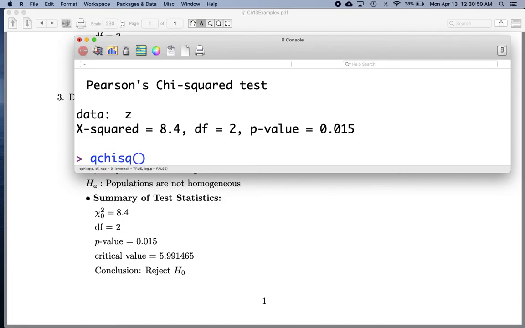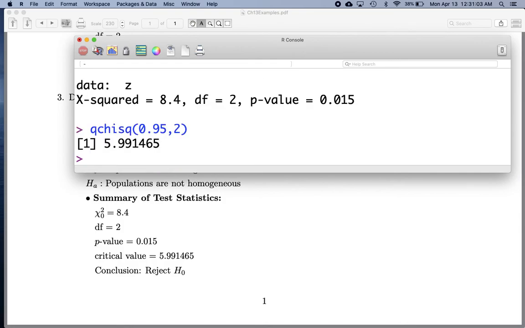Let's say we wanted to find the critical value for 95% confidence or 5% significance, for 2 degrees of freedom. That spits out our critical value, 5.991465. Since our value is to the right of our critical value, we reject the null hypothesis.